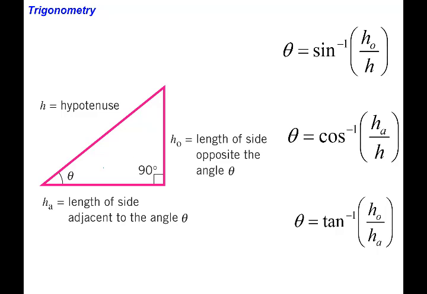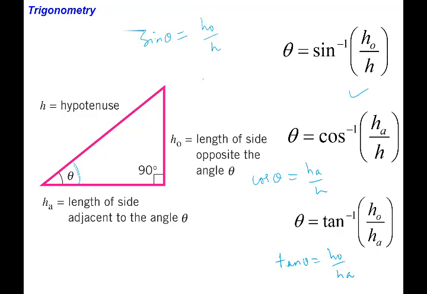And if the sides are known and you don't know the angle, you can easily find the angle with the help of the formula. Again, sine of theta equivalent to opposite over hypotenuse, and cosine of theta equivalent to adjacent over hypotenuse, and tangent of theta equivalent to opposite over adjacent.